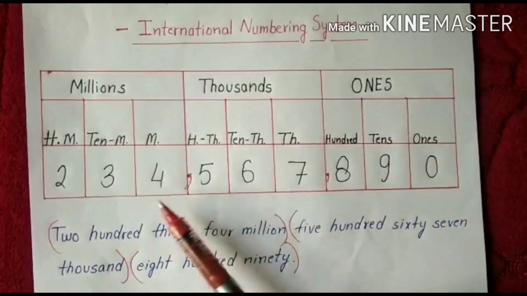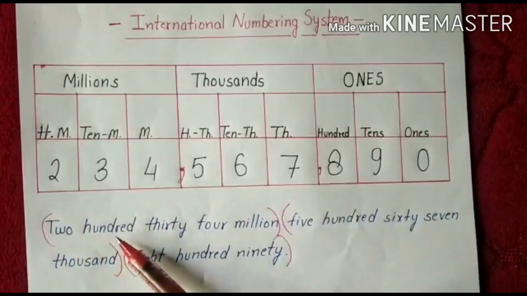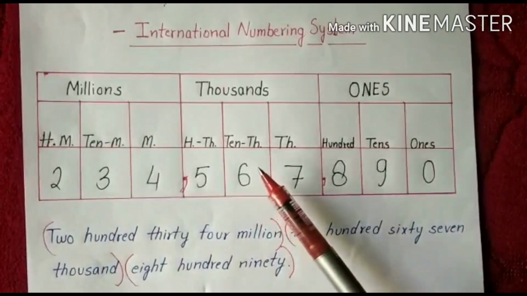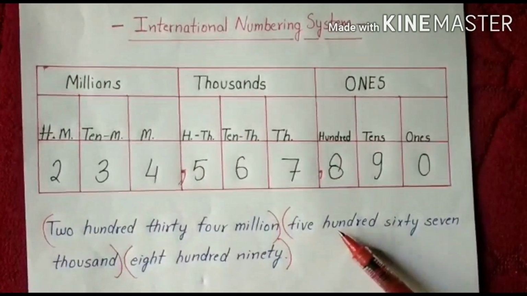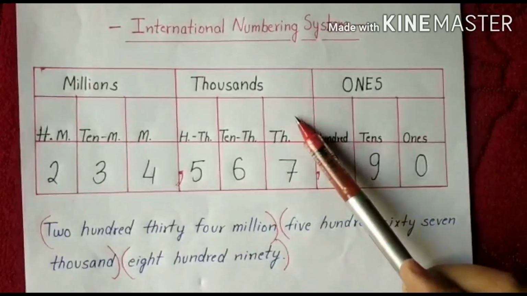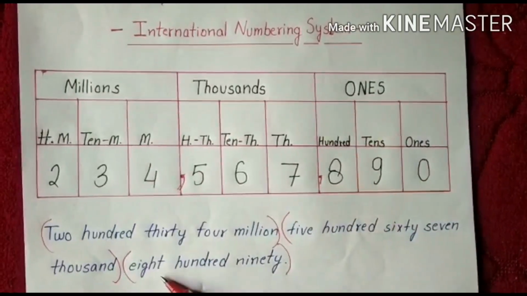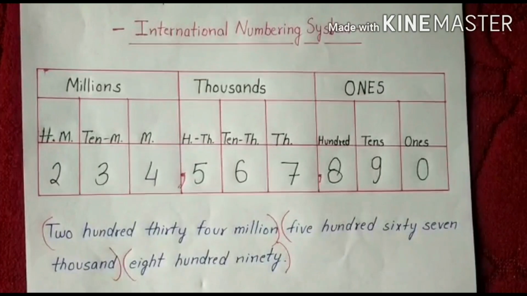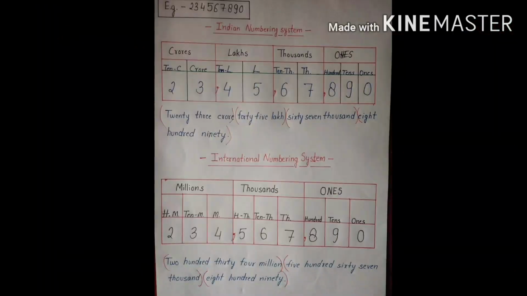In the million group, I have 234, so 234 million. In the thousand group, I have 567, so 567,000. And in the ones group, I have 890. So this is how I can name a number in the international numbering system.